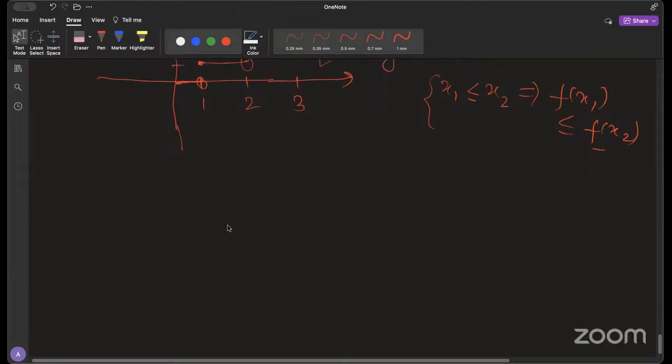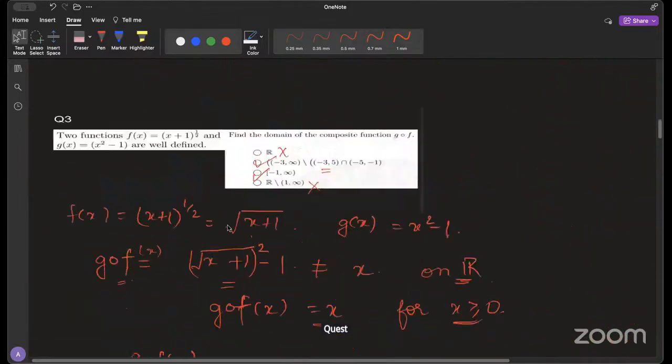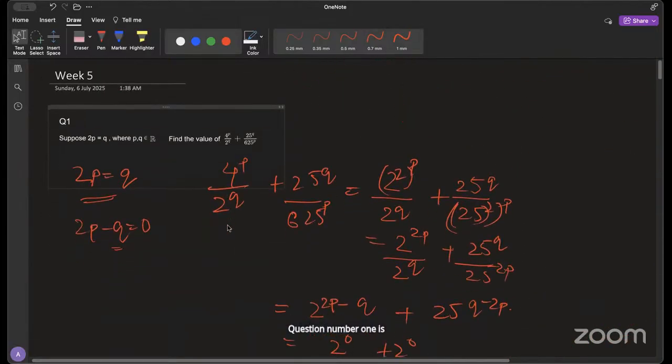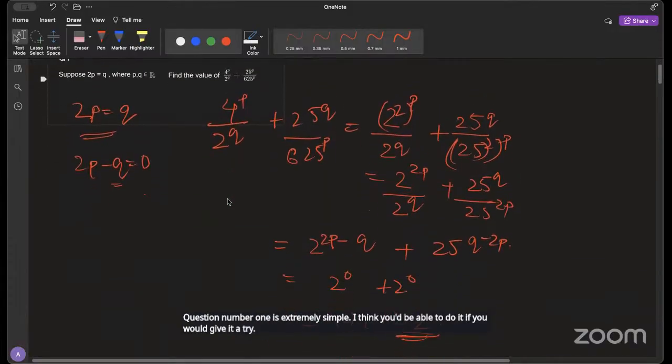If there are any doubts, I'll just wait for a minute or two. If there are any doubts, you can just ask. Otherwise, we'll conclude the session. Ma'am, I was late. Can you please go over question number 1 again? Question number 1 is extremely simple. I think you'd be able to do it if you give it a try. Here it is. This is question 1.